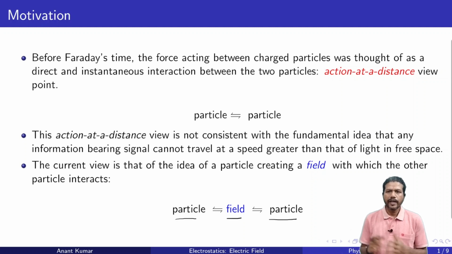A particle creates a field. It could be an electric field, as we shall see, or it could be a gravitational field as well. And this field is the quantity with which the other particle interacts. In fact, as we shall see, this will actually remove the problem of the contradiction that we were having with the action at a distance picture.